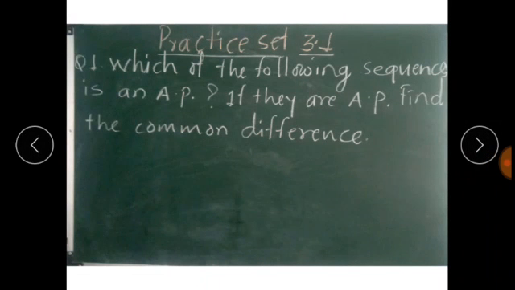Arithmetic progression is also a type of sequence, geometric progression is also a type of sequence. So we saw all the definitions and basic concepts like terms in a sequence, common difference, etc. Now let us start practice set 3.1, which is based on these concepts.